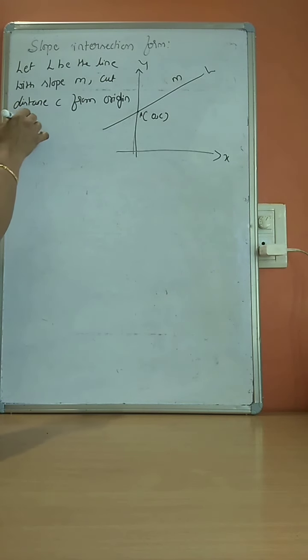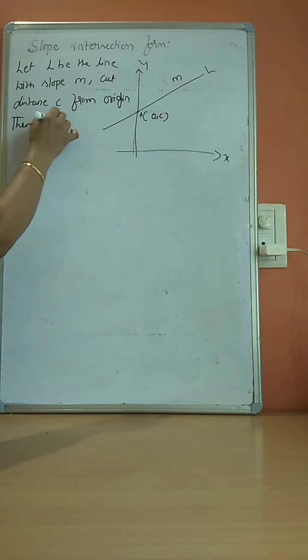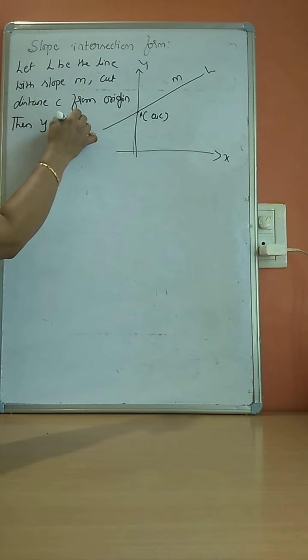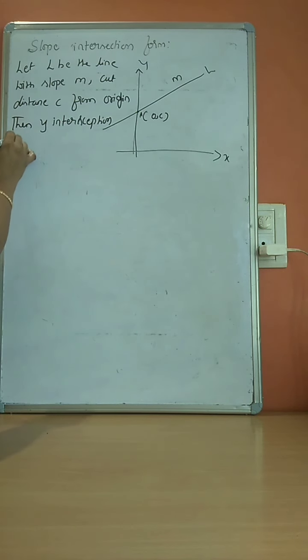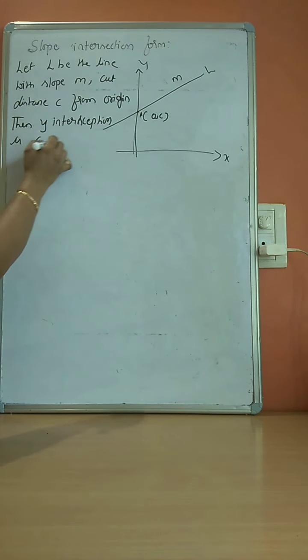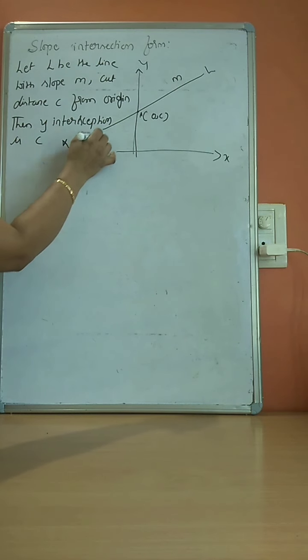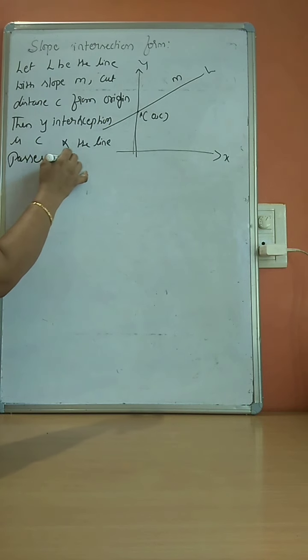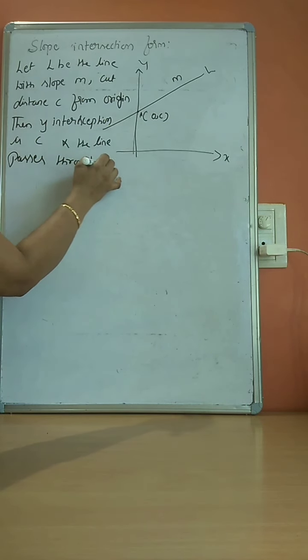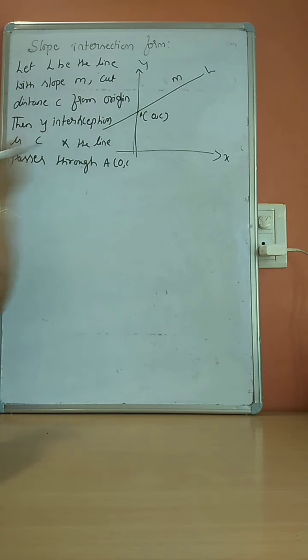Then the y-intercept is C, and the line passes through A of 0 comma C.